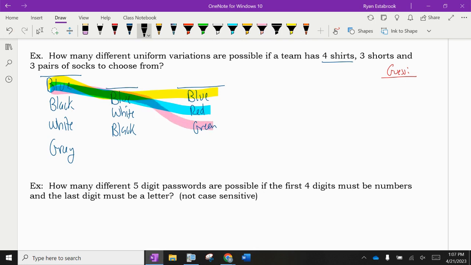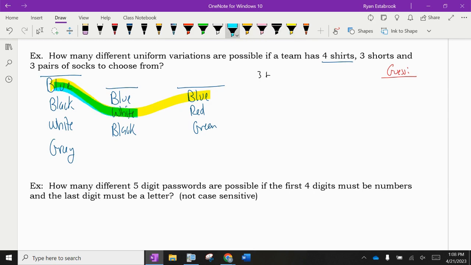How many is that so far? 3. Plus, okay, how about I could also do blue, white, blue, blue, white, red, or blue, white, green. How many more is that? 3.